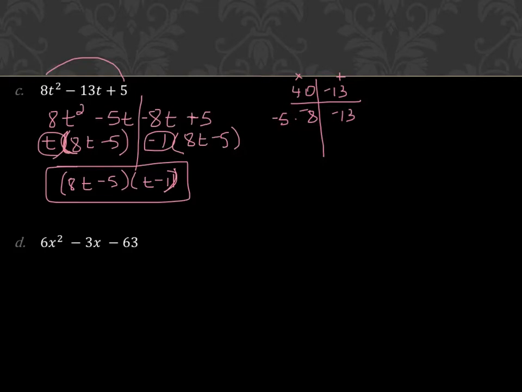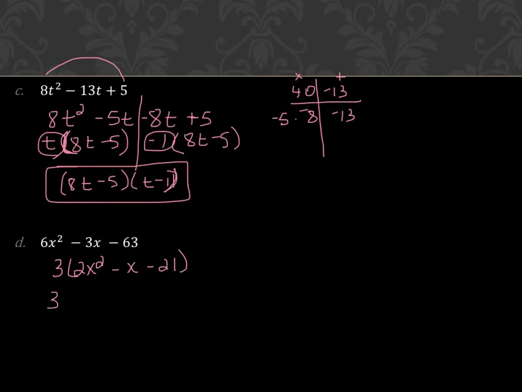On D, 6x squared minus 3x minus 63, we have a common factor of 3. So that'll leave me with 2x squared minus x minus 21.